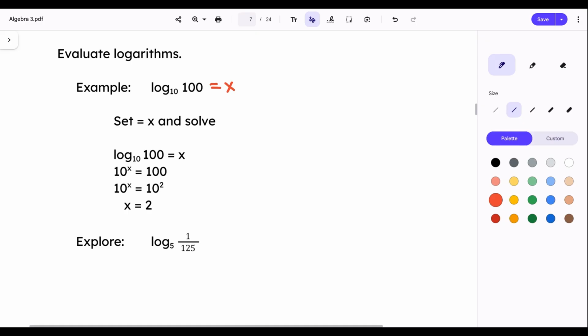But if you're working with bigger numbers that you're not quite sure about, you don't know how to get there, what they're showing you is you take the number on the other side of the equal sign, so in this case the 100, and you rewrite that so that it has a like base to the one on the left side of the equal sign. And then the exponent is going to help us figure out what our answer is. So they rewrote 100 as 10 squared. And so then if you look here, the x and the 2 are in the same position in our problem. And so that's how we know that x would be equal to 2.